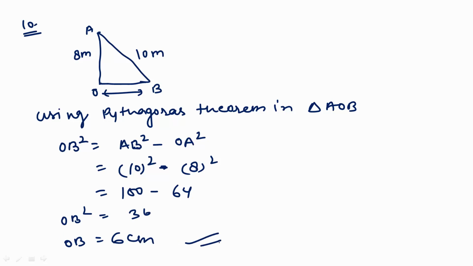Now see the next question. A guy wire attached to a vertical pole of height 18 meter is 24 meter long, and has a stake attached to the other end. So this is the vertical pole which is 18 meter from the ground, and this is your OB.